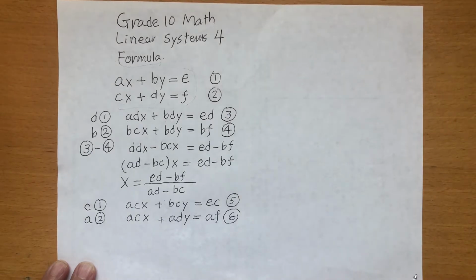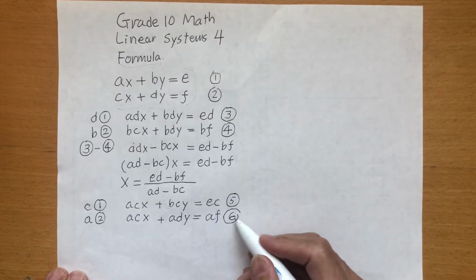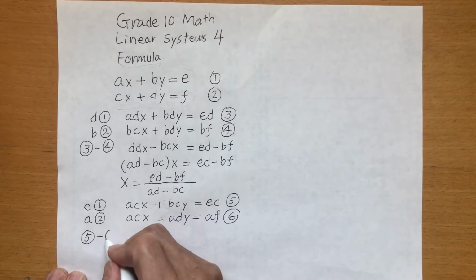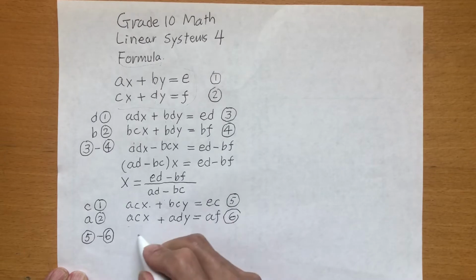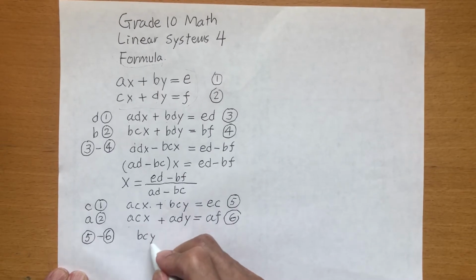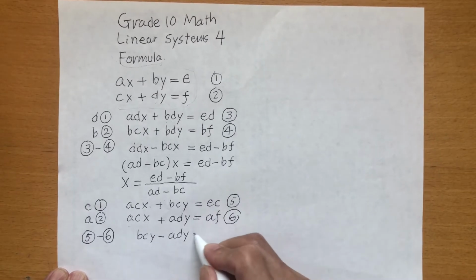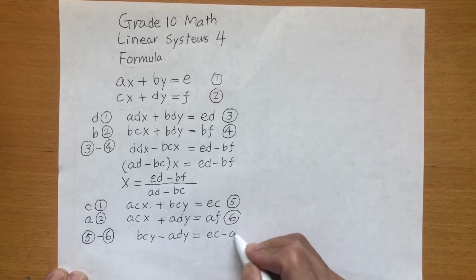And then equation 5 minus equation 6. So I have ACX minus ACX, X is gone. And I have BCY minus ADY equals EC minus AF.